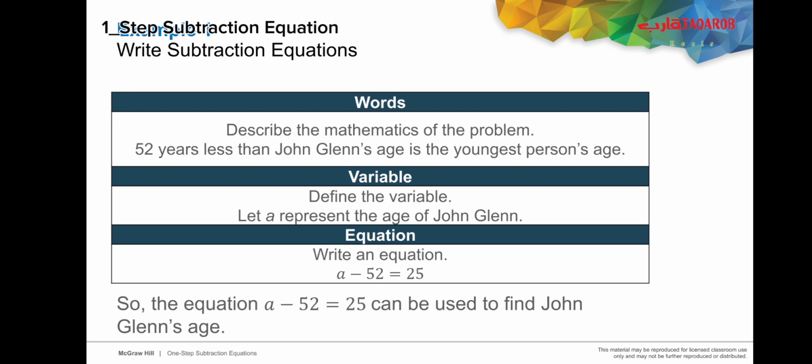After I form it, I can then find John Glenn's age. To find it, I should use the inverse operation, and I should use the addition property of equality. So I will add 52. We said before that we add because I see subtraction, and the inverse operation of subtraction is addition.